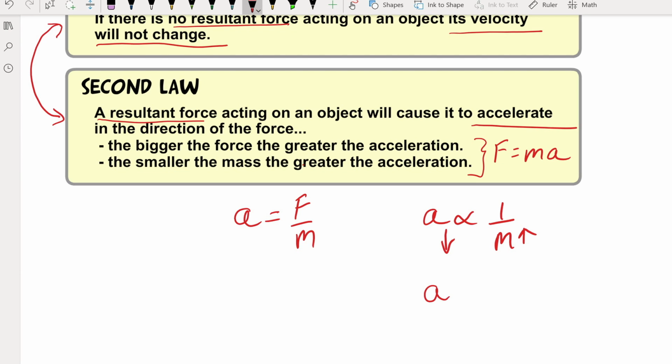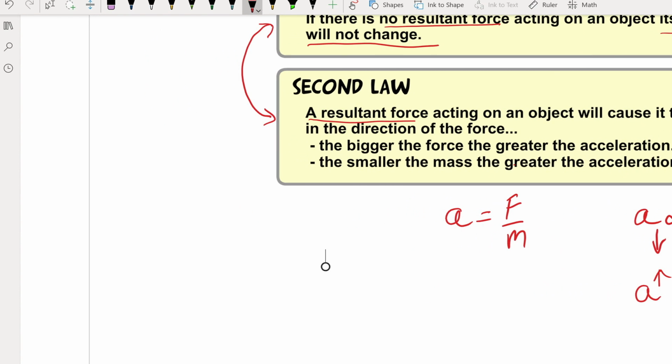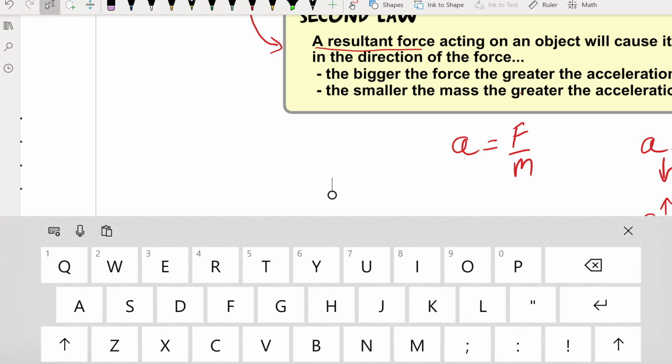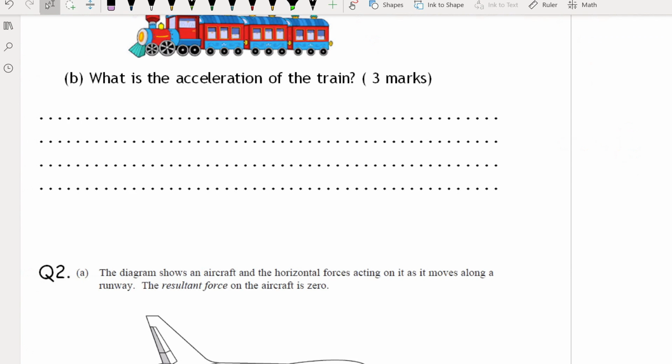If the mass is constant, we can say that acceleration is directly proportional to force. In other words, if the force increases, the acceleration increases. That's what today's lesson is really about.